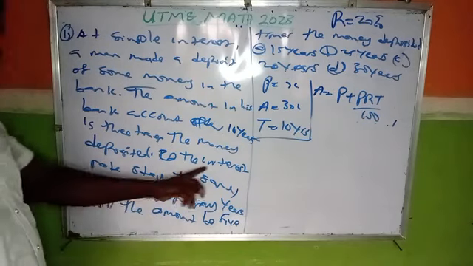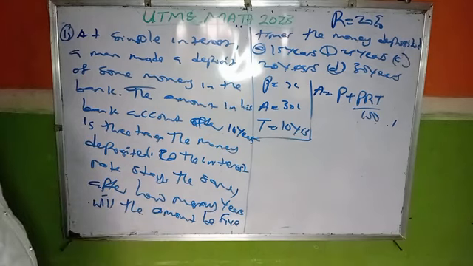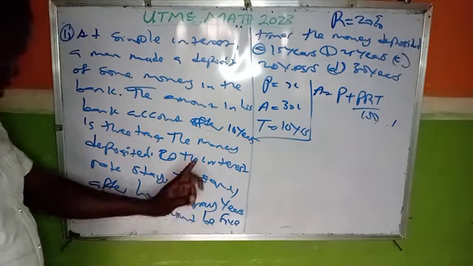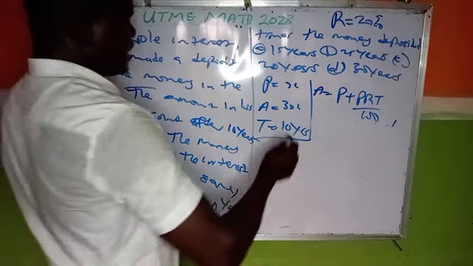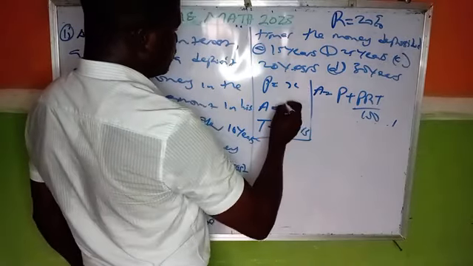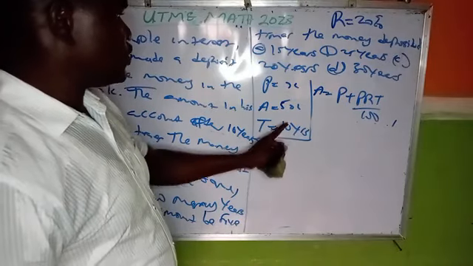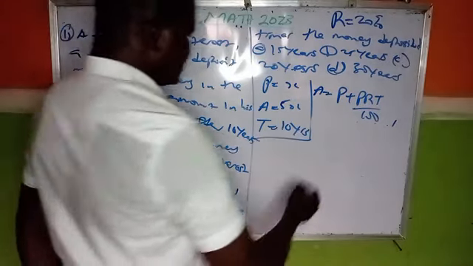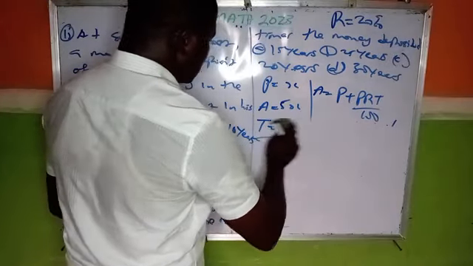Then the question now is that if the interest rate stays the same, after how many years will the amount be 5 times? This time around, how many years will this principal become 5 times the deposit? So this will be the amount. Then again, the year is what we want to calculate now.